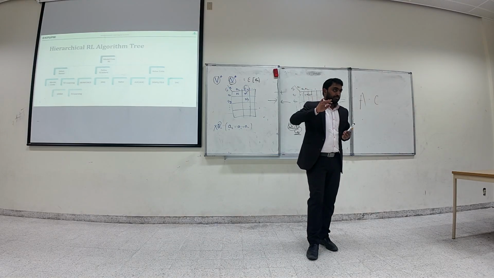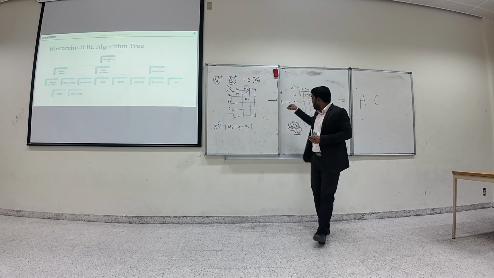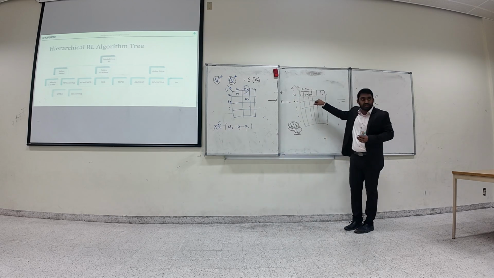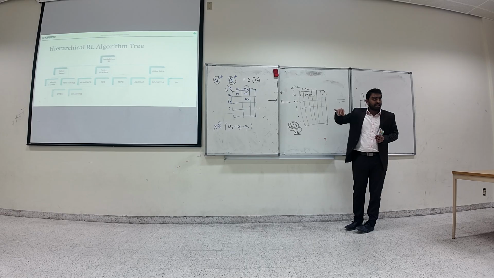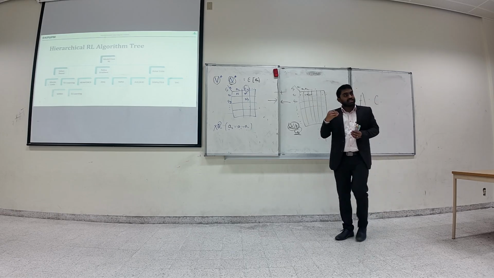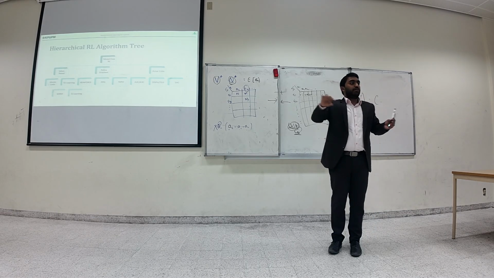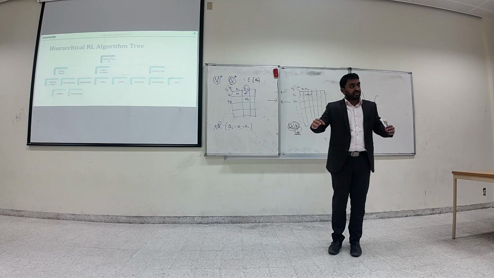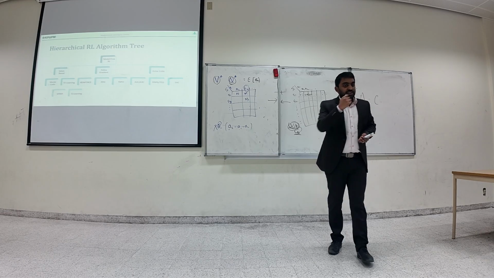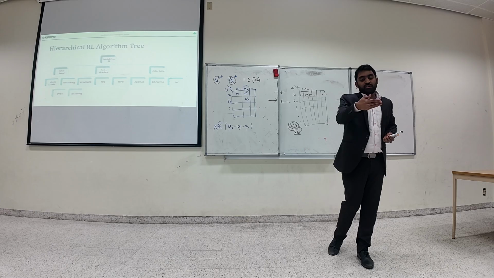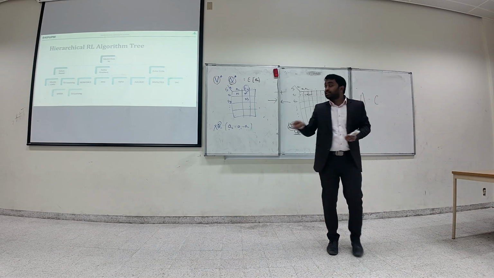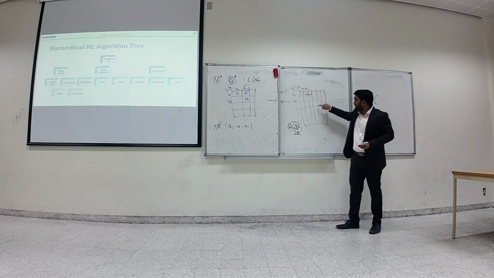So the actor will rely on the estimates to change the probabilities of these actions in given states. The actor will take a series of actions, formulate a policy, and give it to the critique, which will say okay fine, not good, good, very good. And based on that, the actor will keep changing these probabilities.